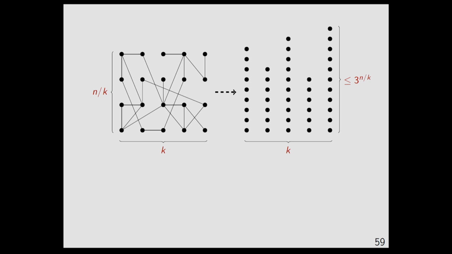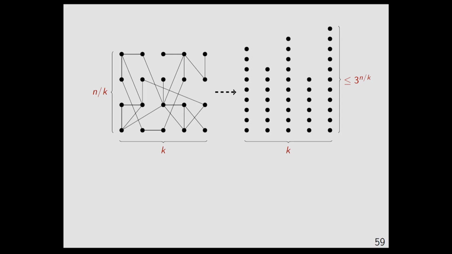Now how do we add an edge? If you give an edge between a vertex in this class and a vertex in this class, this vertex represents a valid 3-coloring of some n by k vertices, and this vertex represents a valid 3-coloring of some other n by k vertices.